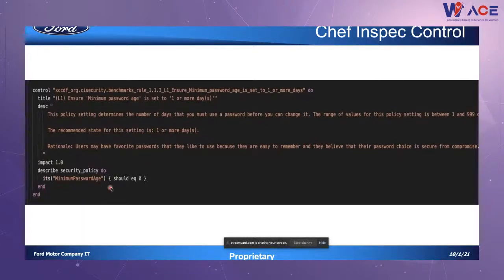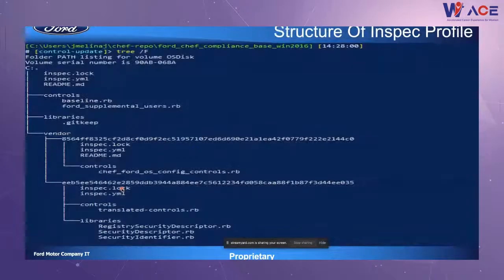So this term should be equal to 0. This value should be set to 0. That's all. However, how we were talking, how you used to instruct, the same way is your code. This is all about your InSpec code. So you have written one test for a particular check, that is minimum password age. So you are checking this minimum password age should be equal to 0. That's all. Okay, so this is all about your Chef InSpec control.